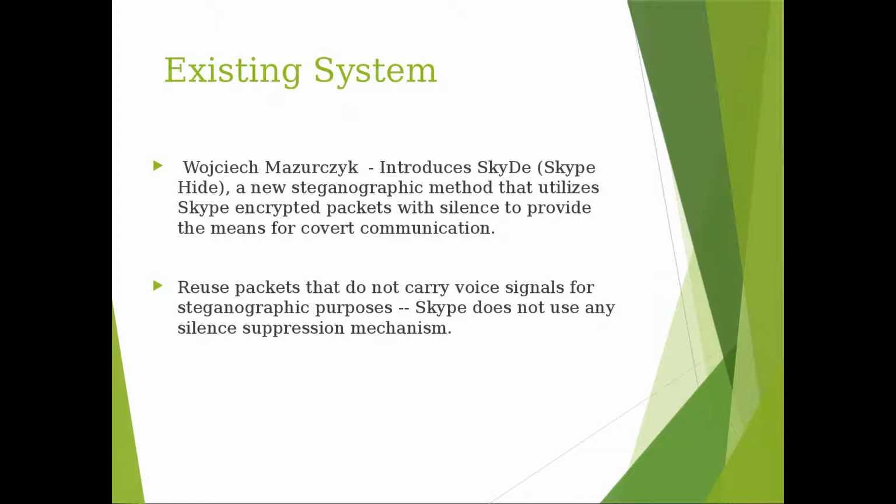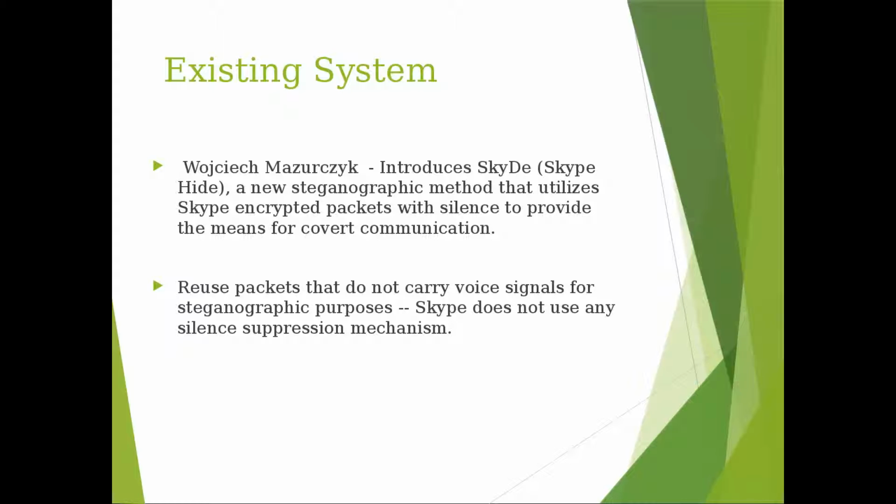In the existing system, a paper from Vijayan and Mazurek introduced a Skype hiding mechanism in VoIP, providing the means for covert communication, where they took the Skype packets in the network between the sender and the receiver and embedded the data within them.